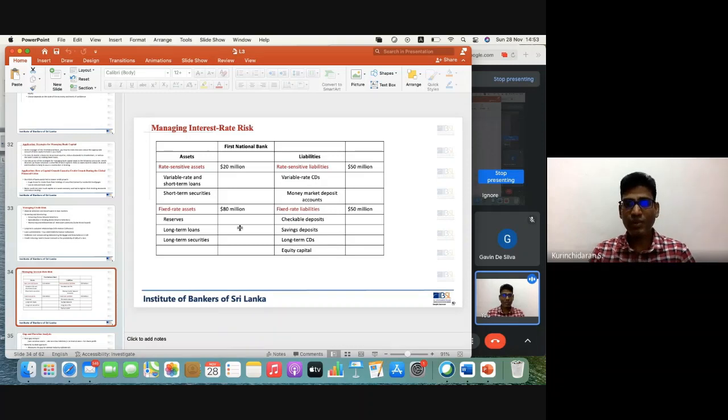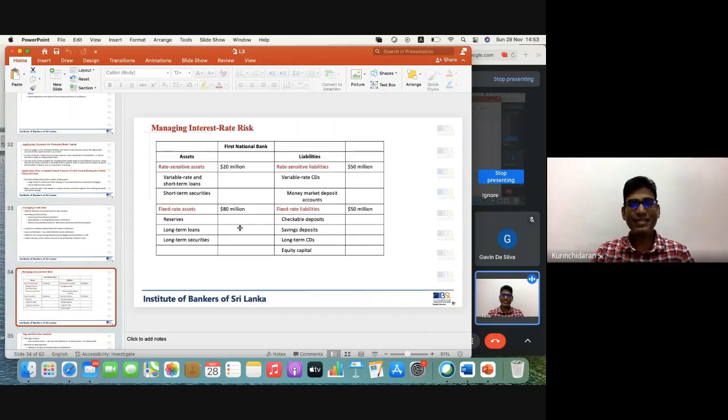So we know these fixed rate assets and liabilities are not subject to interest rate risk exposure, because even though the interest rate in the market changes, these interest rates are not going to change.